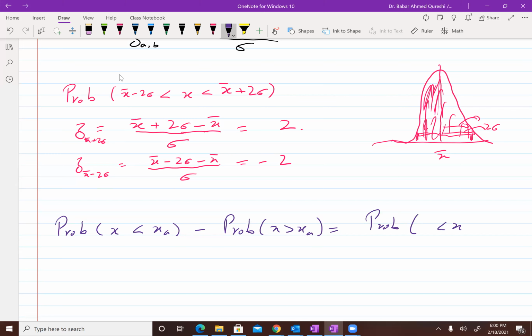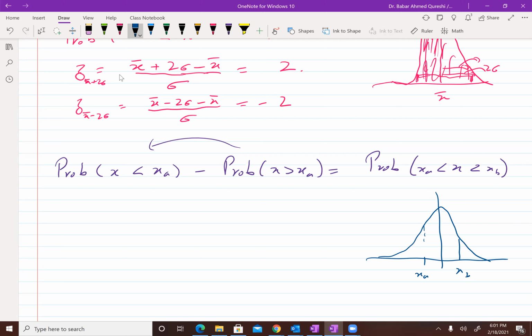This is xb and this is xa. You want this area. So you compute the probability of x being less than xb and subtract from it the probability of x being less than xa, this area.